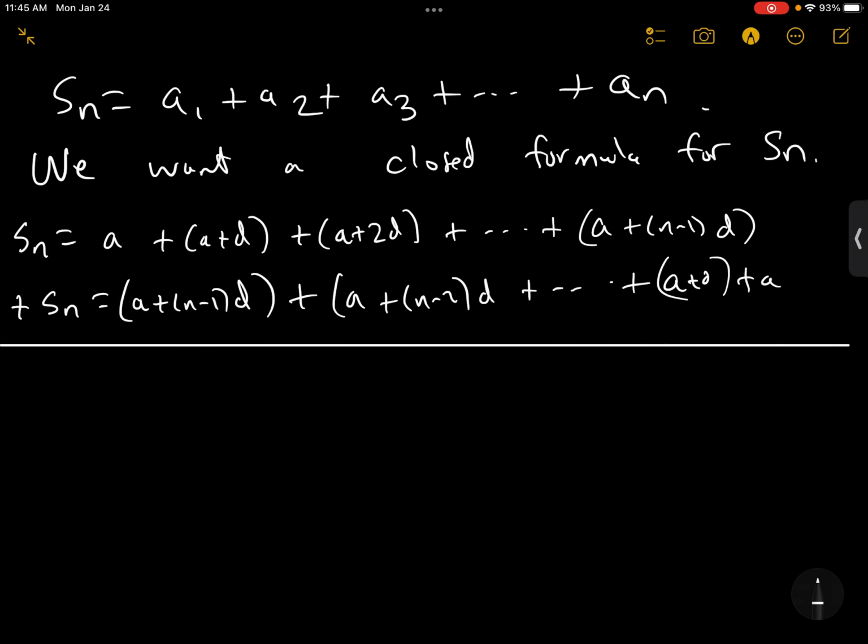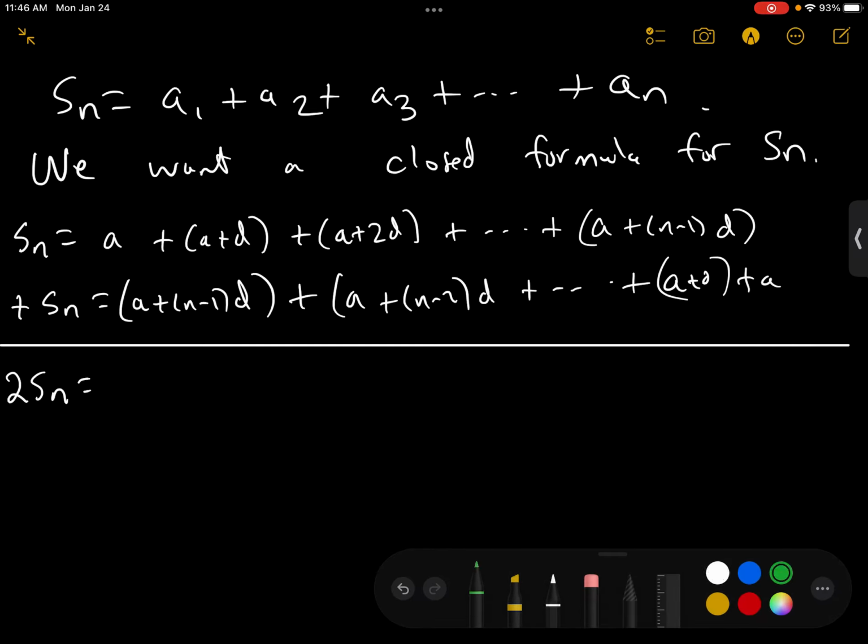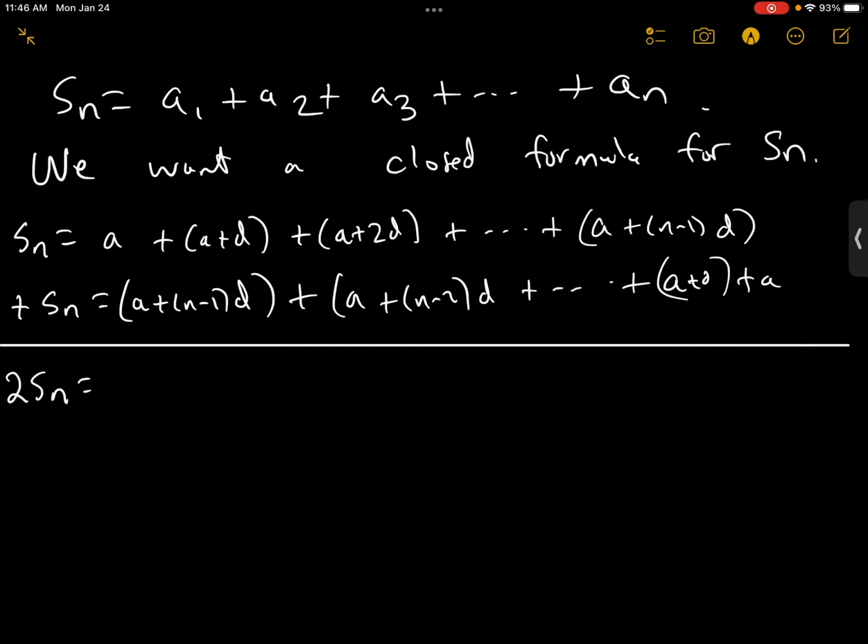So I'm going to add these two together, just like we did in grade school. On the left-hand side, I have 2Sn. When I add these first two terms together, I get 2A plus n minus 1 times d.